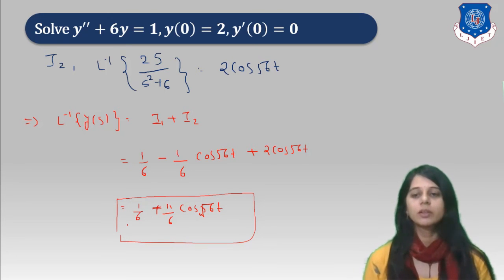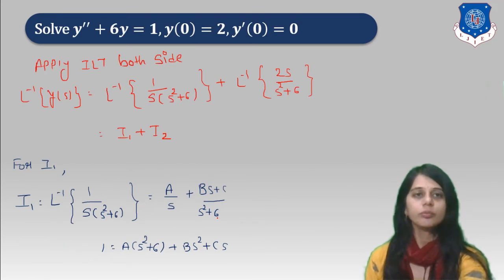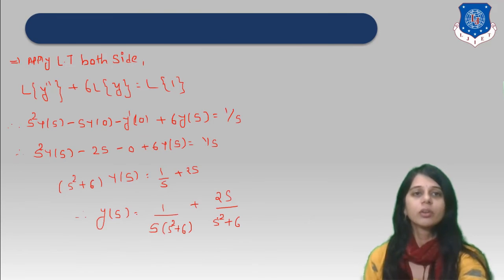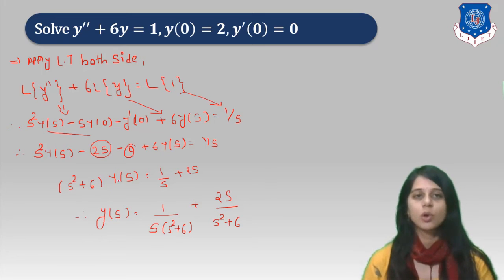Okay. Again, please recall what we do. First, apply Laplace transform both sides, taking formula of y double dash, 6y of s, Laplace of 1 by s, put the initial values, solve these equations and create the subject as y of s. So this is your y of s formation.